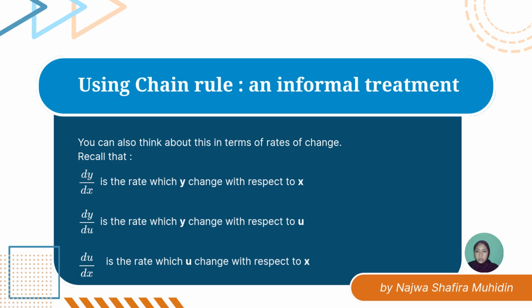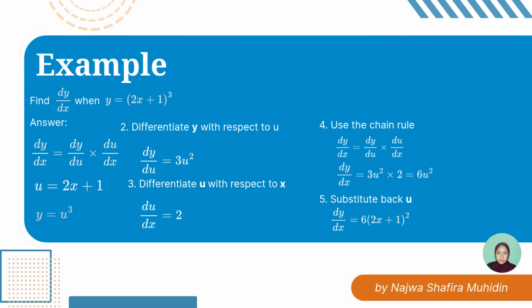Let's look at an example next to make this clear. Let's solve this example using the chain rule. We are asked to find dy/dx when y equals (2x+1)^3.